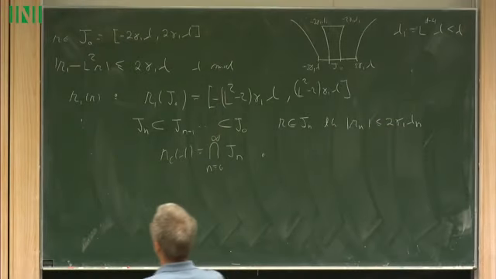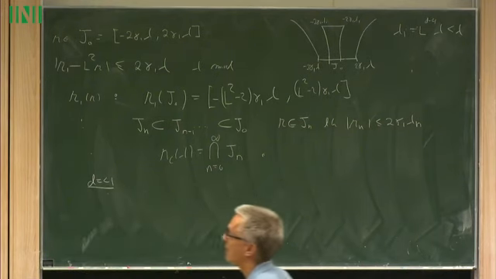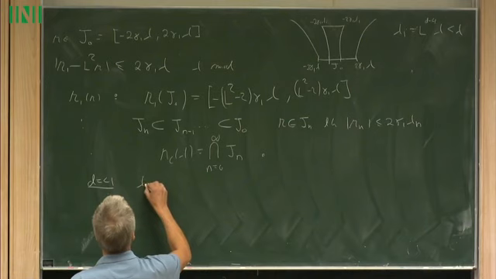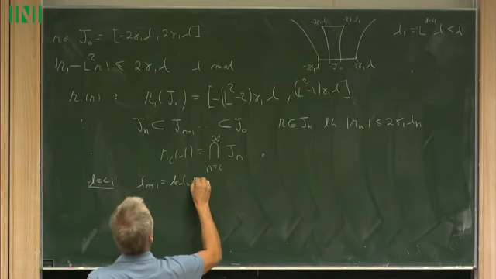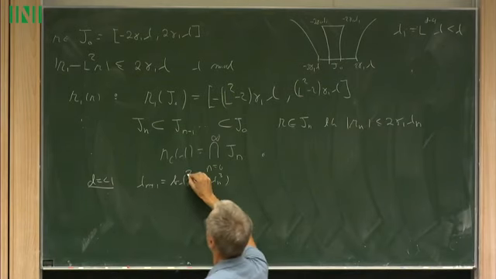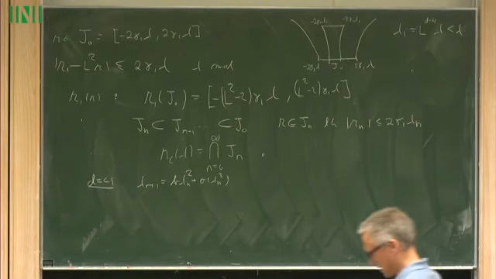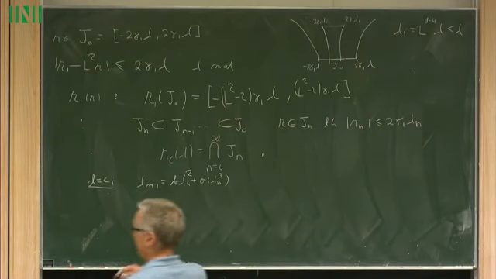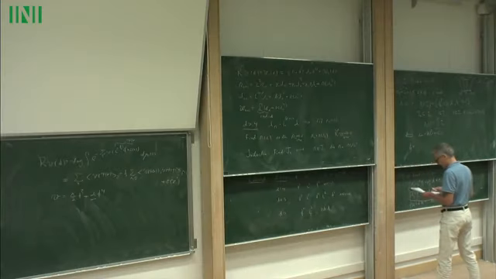Okay, what about d equal 4? Not much changes except that now lambda n plus 1 is b lambda n plus order lambda n cubed. So now everything of course depends what is the sign of b, but well, we have the formula there, so b it's explicit.